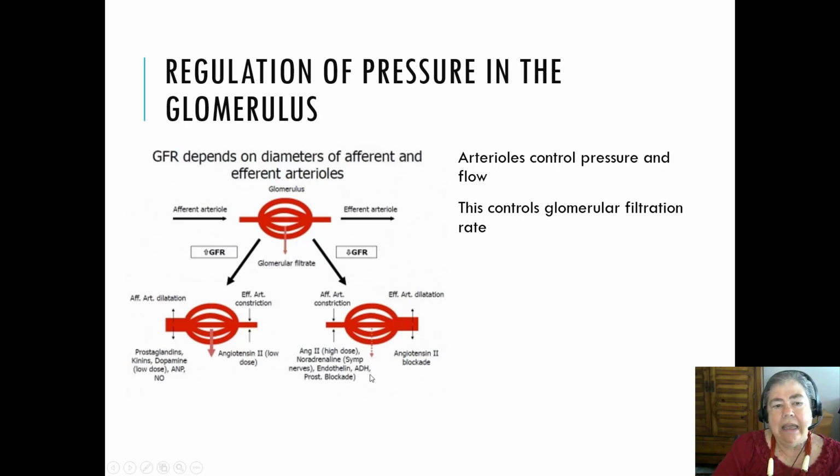And I'm going to say that it's important in medicine to understand this. Can you think of anything that you know of that is a prostaglandin blocker?